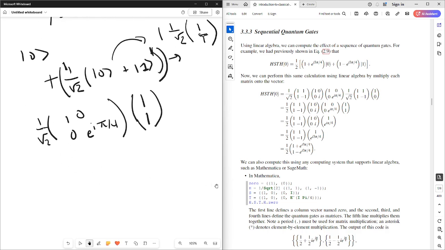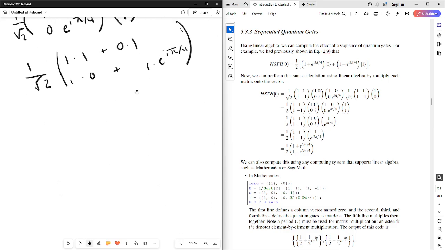Once again, we'll apply this gate to these new amplitudes. So we'll wind up with 1 over square root of 2, 1 times 1 plus 0 times 1, 1 times 0 plus 1 times e raised to the i pi over 4, which gives us 1 over square root of 2 times 1 and e raised to i pi over 4.